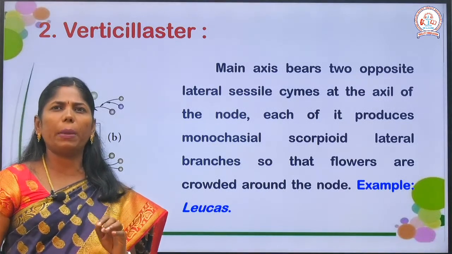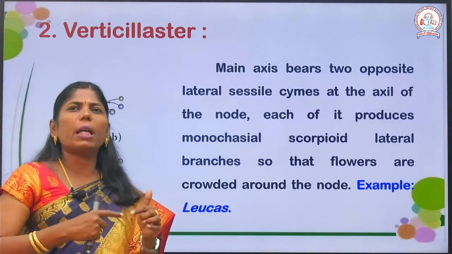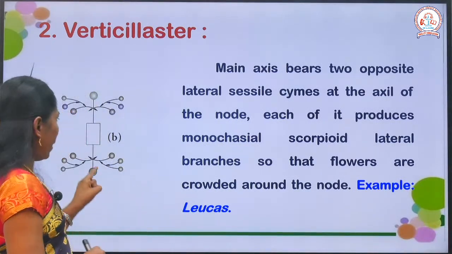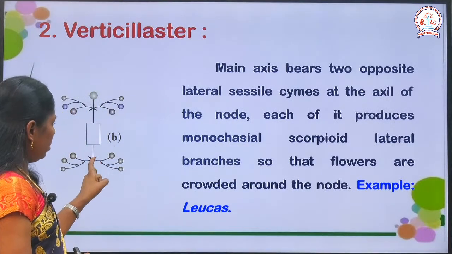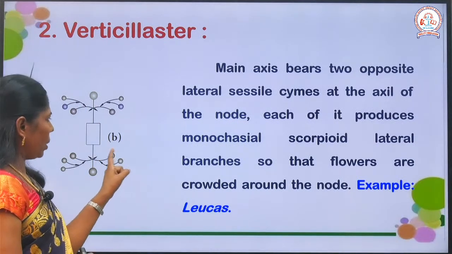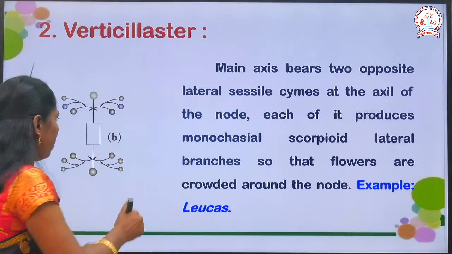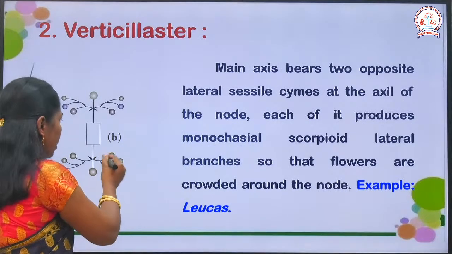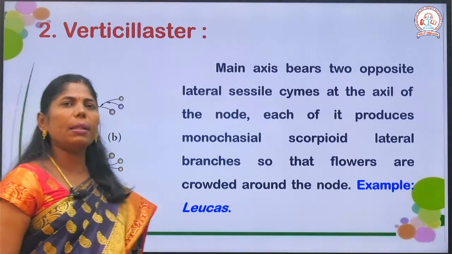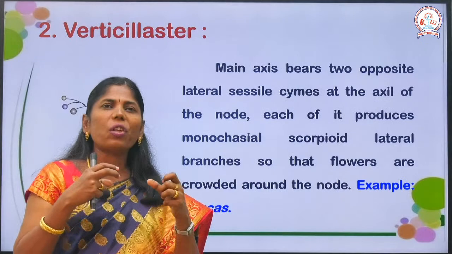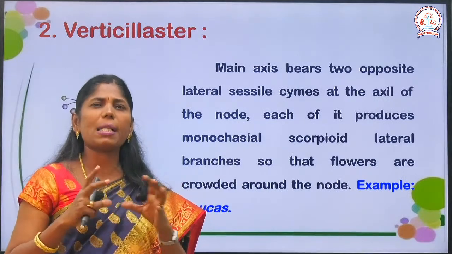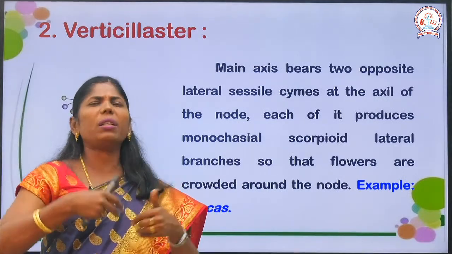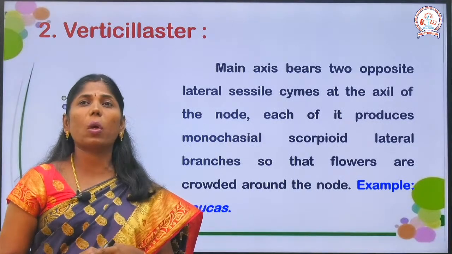Scorpioid means it starts from inside, inward. From the start comes a main branch, within it another branch, and the flowers are arranged inside, sessile, not pedicellate. That is scorpioid-like.